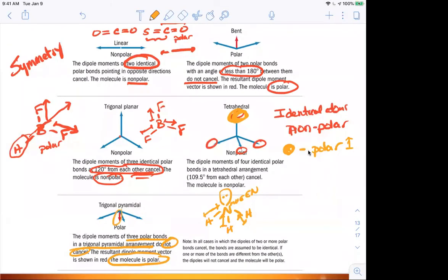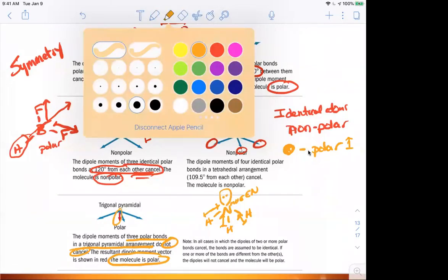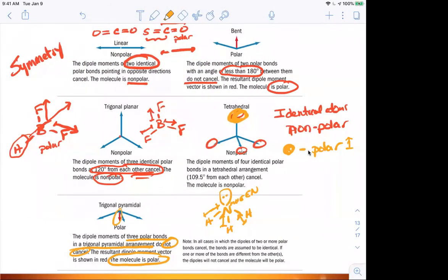So instead of having it go down here, because of the difference in electronegativity, what I have is sort of a resultant that goes up this way in ammonia.